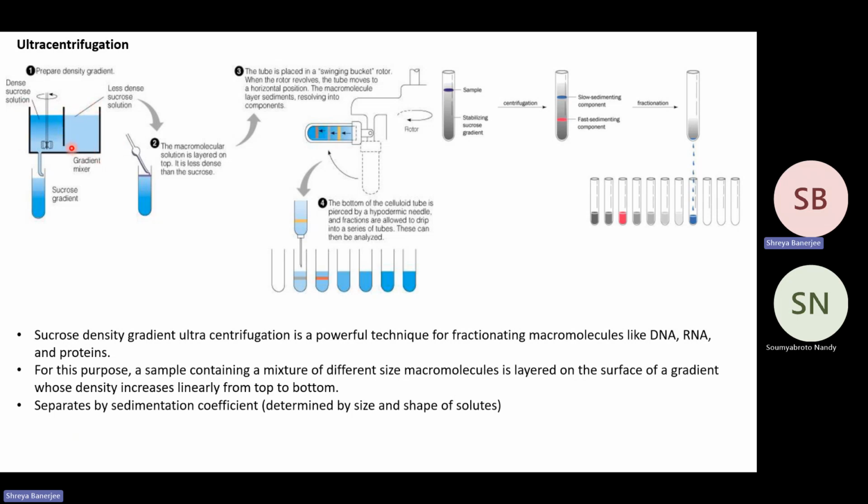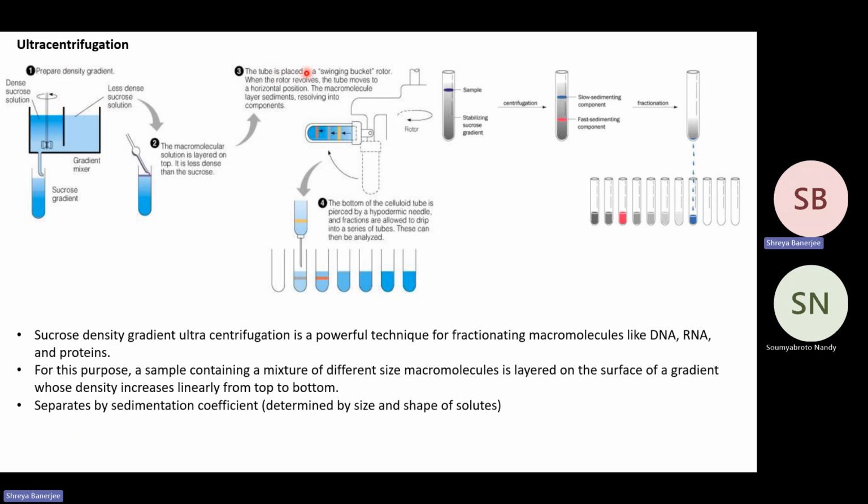The partition is raised and they are properly mixed. Then this is collected in a test tube. In the test tube, the dense sucrose solution settles at the bottom and the less dense is above it. To this, the macromolecule solution is added on top. It can be a solution of protein, it can be a solution of DNA.